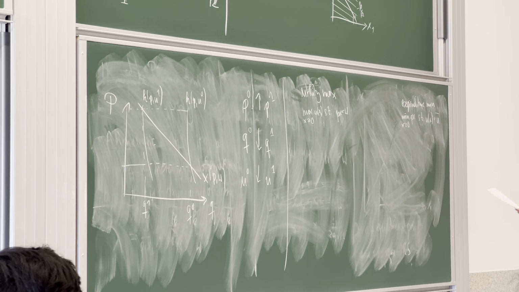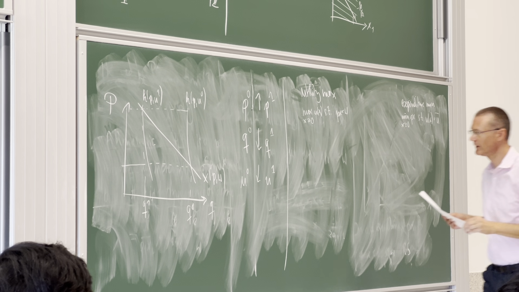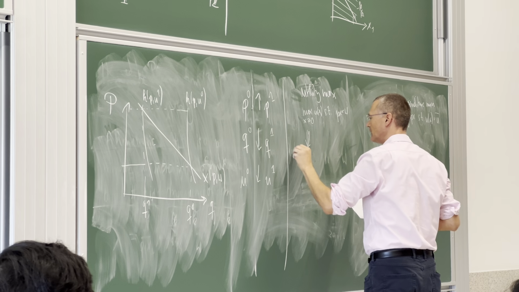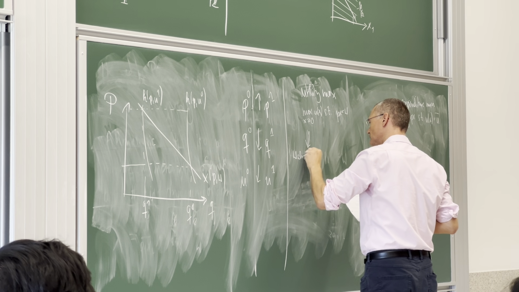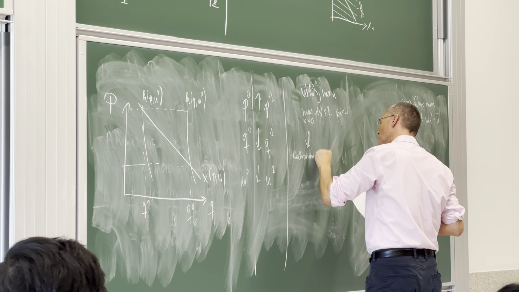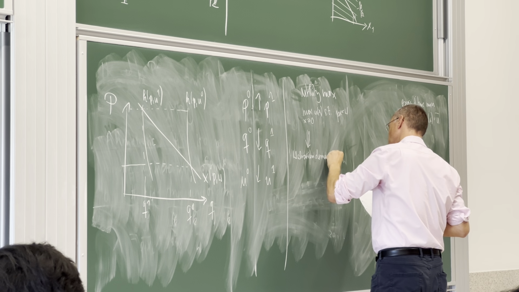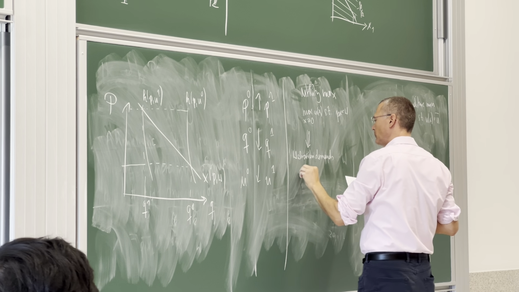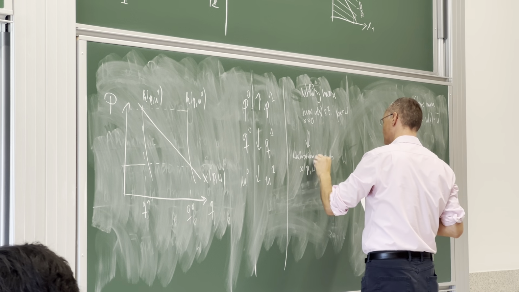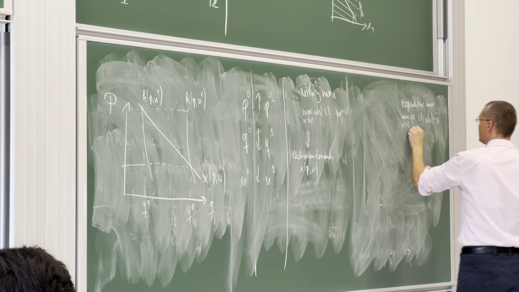Okay, this is what we do. Then what do we get? Here we get the Marshallian demands, x(p, w), and here you get the Hicksian demands.